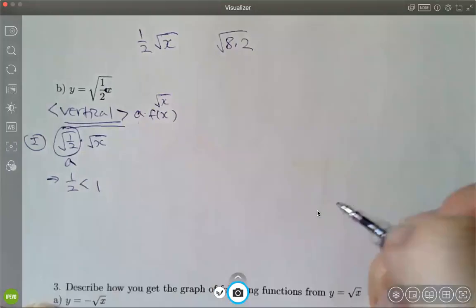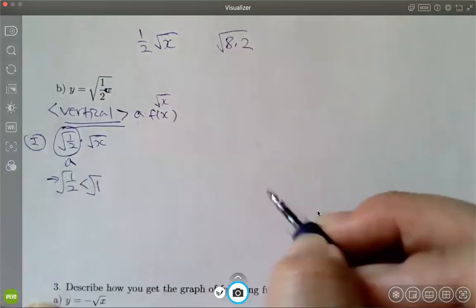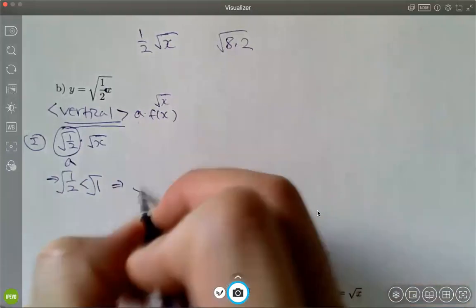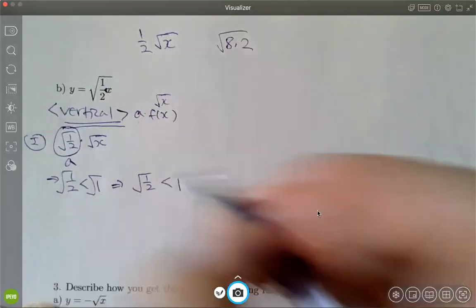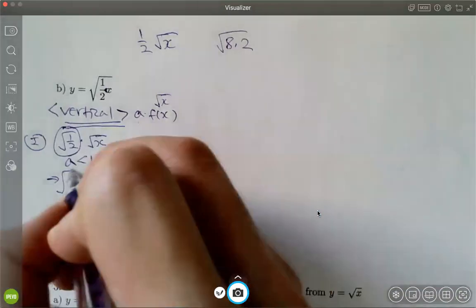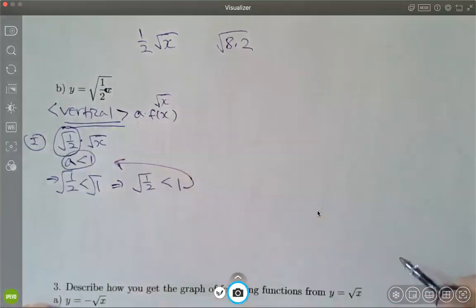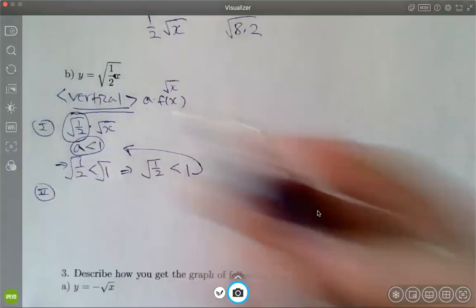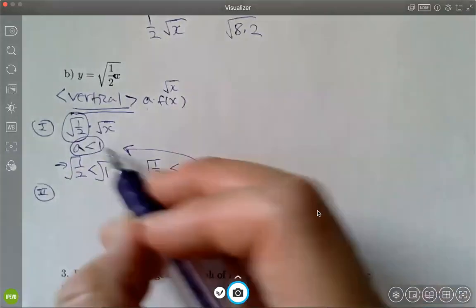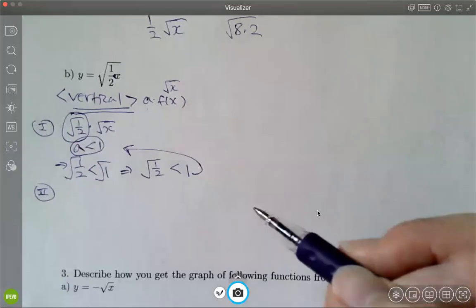So what happens when you take the square root on both sides? Square root of 1/2 is also less than 1, right? So a is also less than 1. Now, what does it mean? For the vertical transformation, when the number in front is less than 1, is it stretch or shrink?